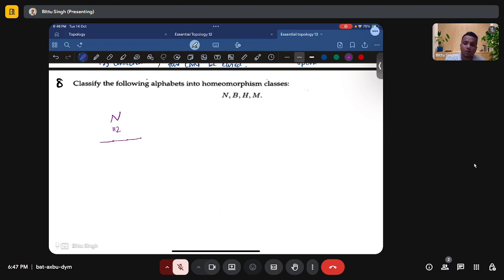It is like unfolding this n. If we just fold this line segment, it will become n. Therefore, n is homeomorphic to this line segment, closed 0, 1. Now, what about B?